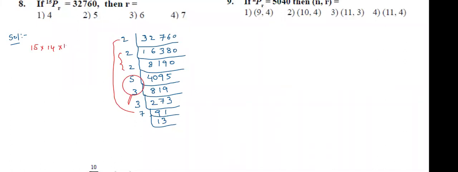Here we need to write 13 next to 12. That means this is 15P4. 15, we can write decreasing 4 times. 15P4 value is 32,760. So by comparing both, what is the R value, students? R value should be 4.